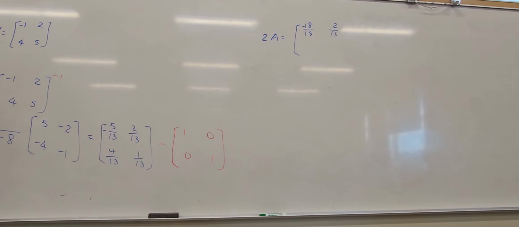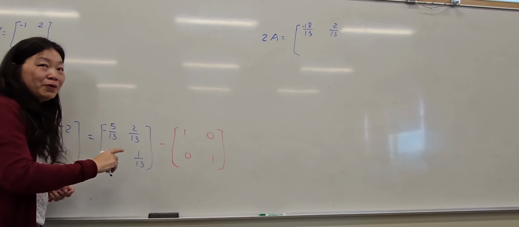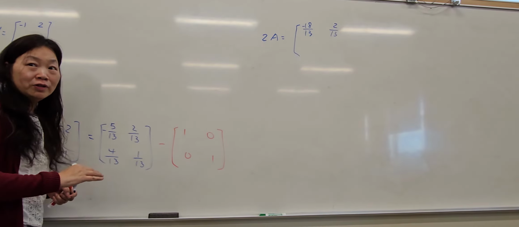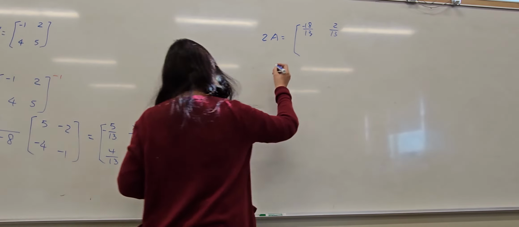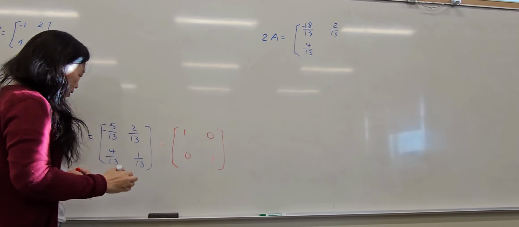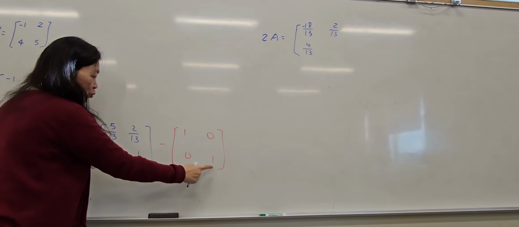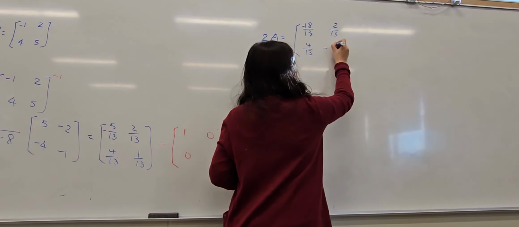I made a mistake too. We are human, we make mistakes, so learn to forgive yourself also. This one subtract 0 is just that, right? 1 over 13 subtract 1 is negative what? 12 over 13.